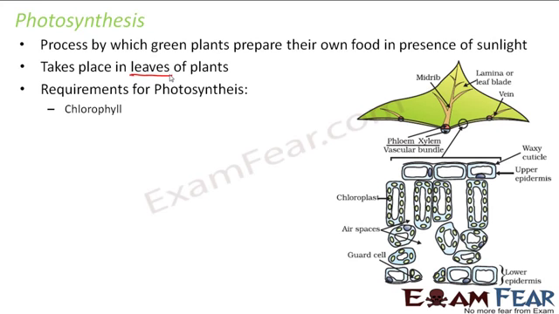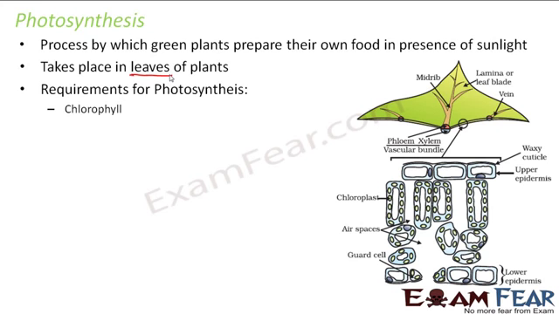We talked about plastids, and the kind of plastids which are green in color were chloroplasts. So inside that cell organelle chloroplast, we have a green colored pigment which is known as chlorophyll. Now the presence of this pigment chlorophyll is extremely important for performing photosynthesis.